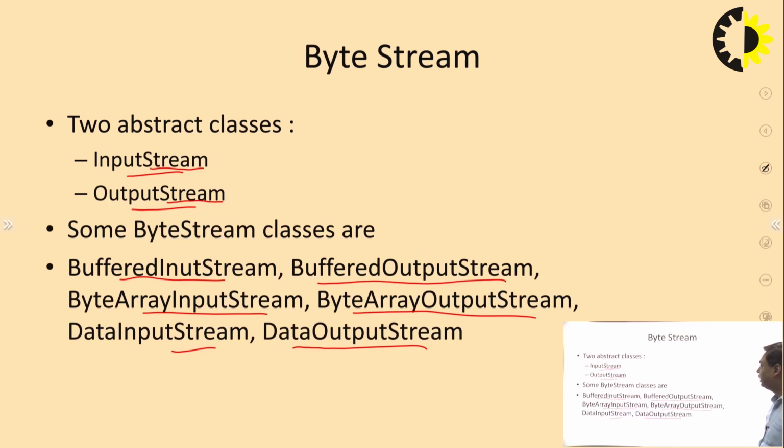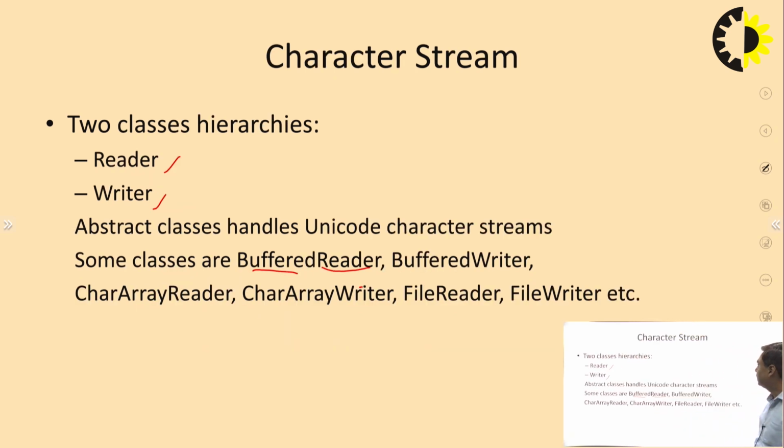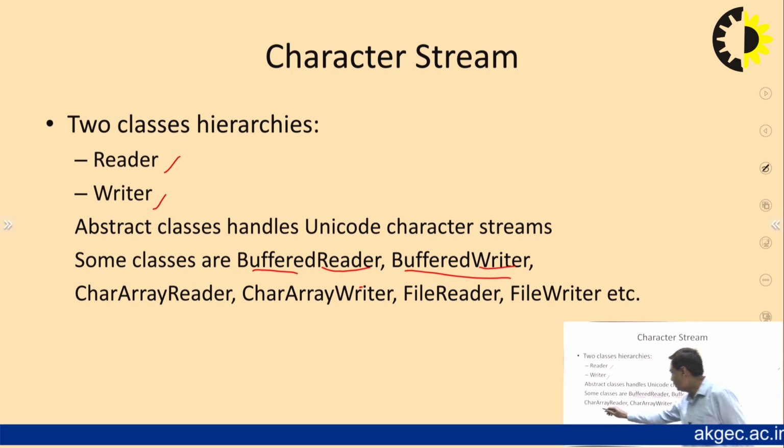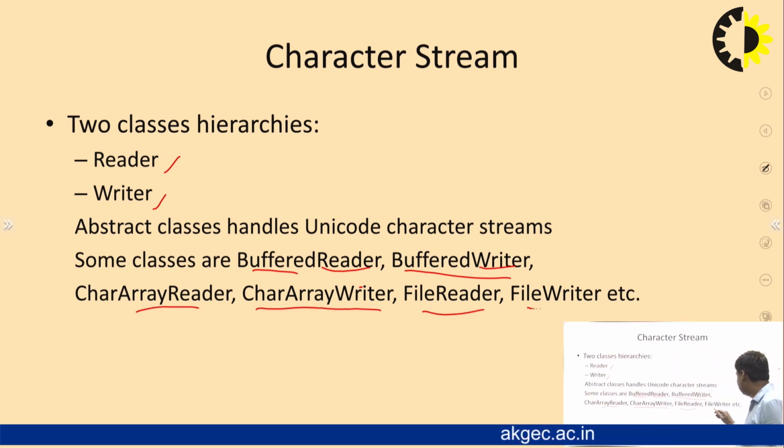In case of byte stream, we use Stream at the end, and in case of character stream, we use Reader and Writer. You can see the end of the class is Writer, meaning we are using the character stream. There are many other classes: CharArrayReader, CharArrayWriter, FileReader, and FileWriter.